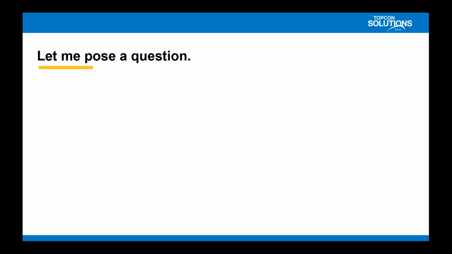Now, let me pose a question to you all. We talked about how it's been done before, how it's being done today with those concrete profiling devices, and a little bit about knowing what floor flatness and levelness mean.